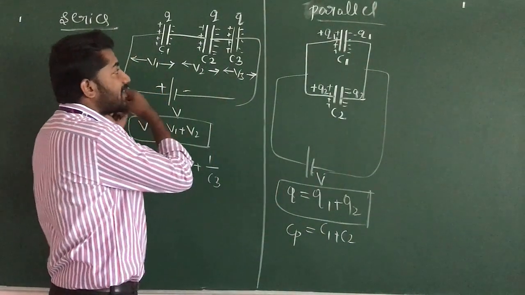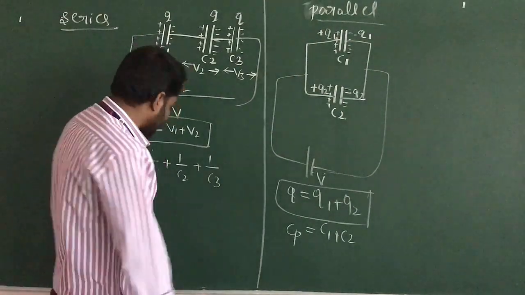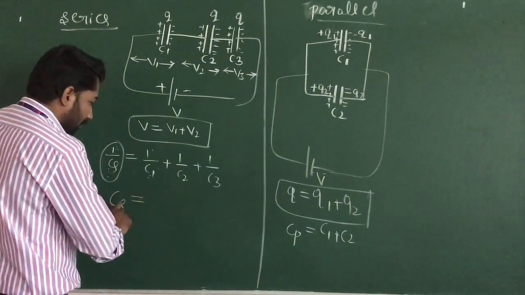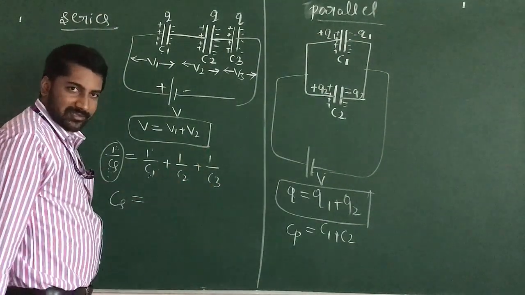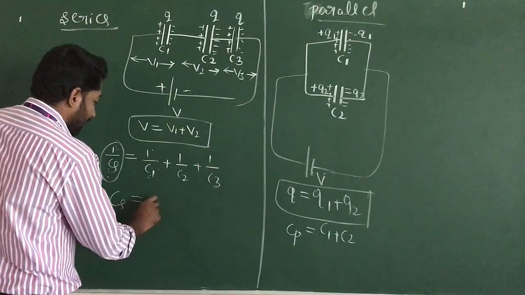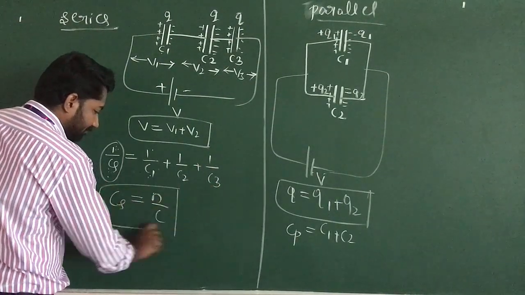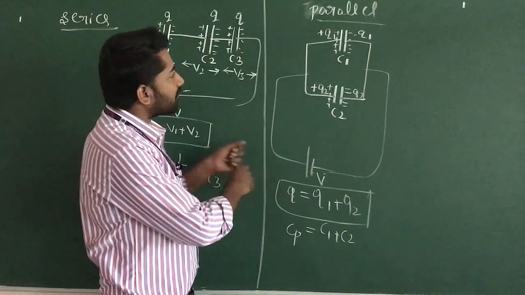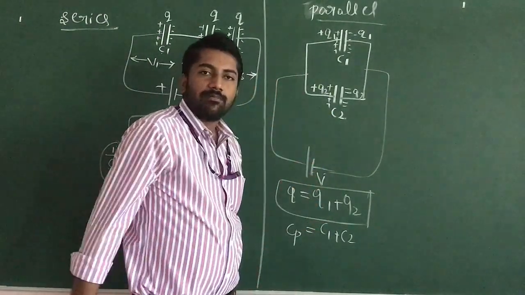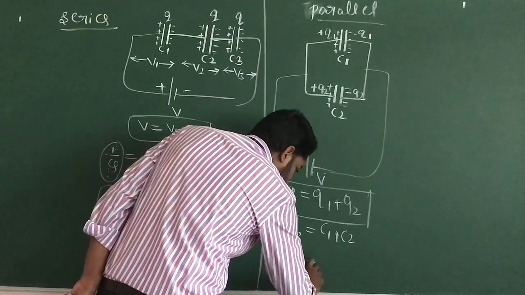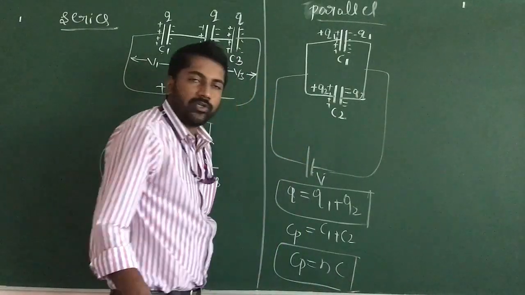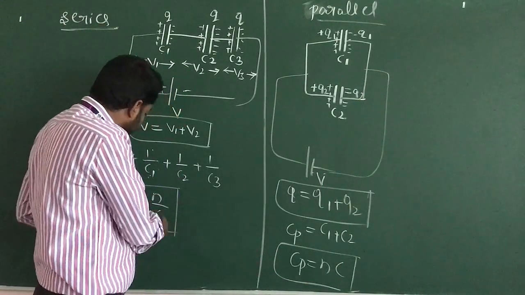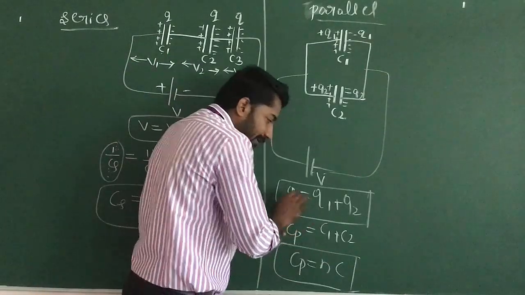Suppose we connect n number of capacitors in a series circuit, then we can write Cs is equal to C divided by n. But if we connect n number of capacitors in parallel combination, then we can write Cp is equal to n into C. Using these two formulas, we can calculate the capacitance using series combination and parallel combination.